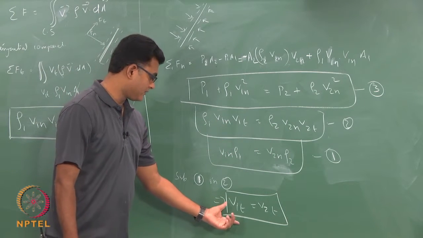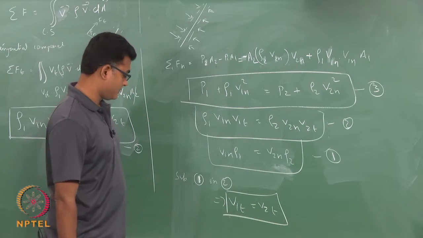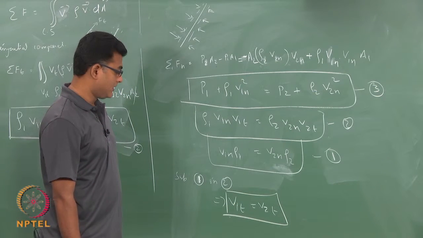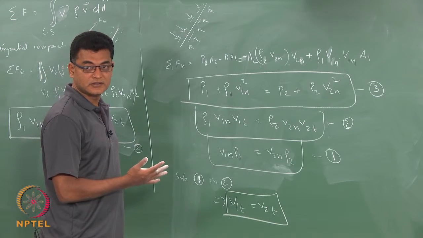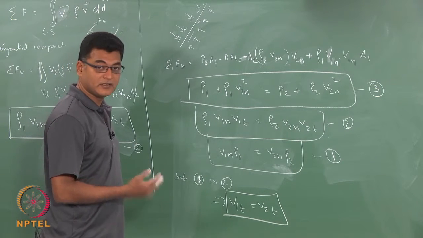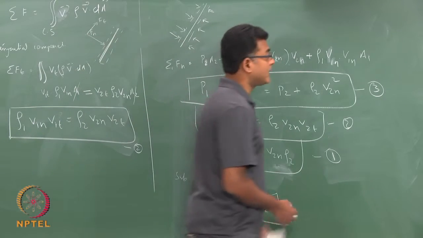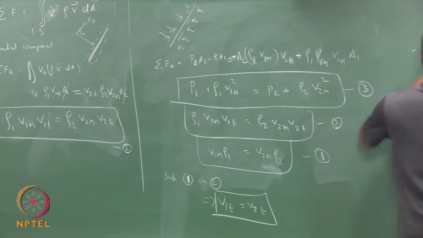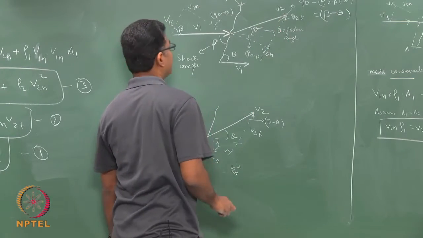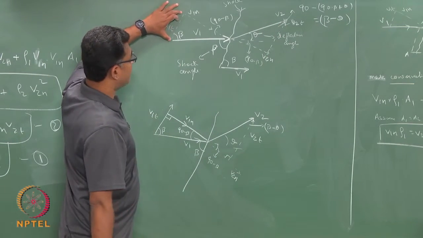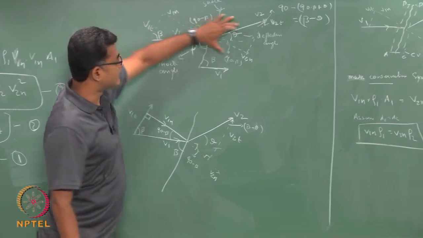So, I would get V1t equals V2t, which means the tangential component across the oblique shock is identically the same in magnitude. So, the tangential component which we had drawn here would be such that V1t is the same as V2t.